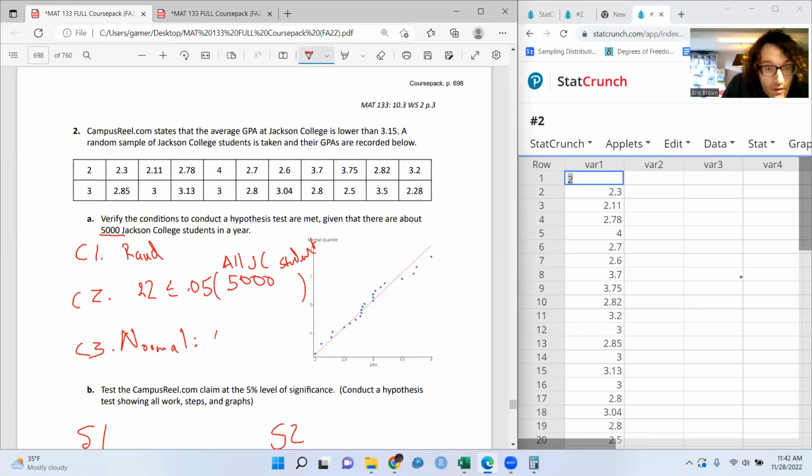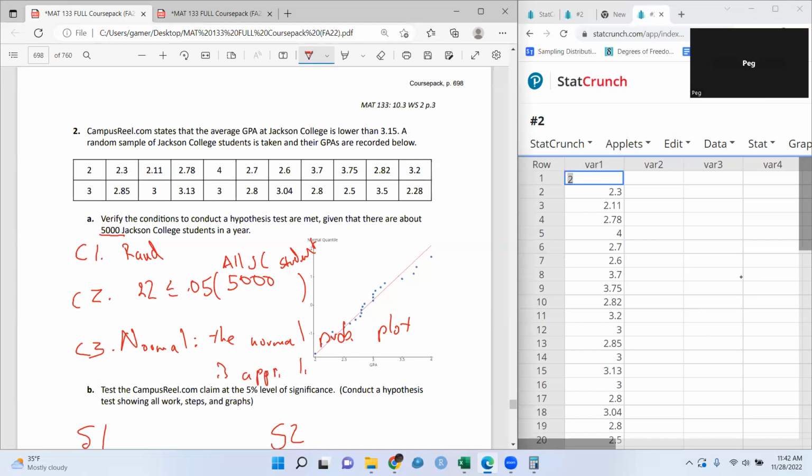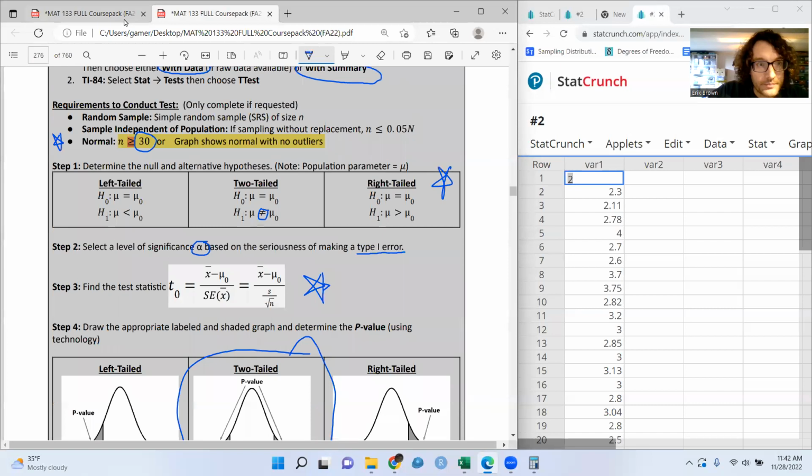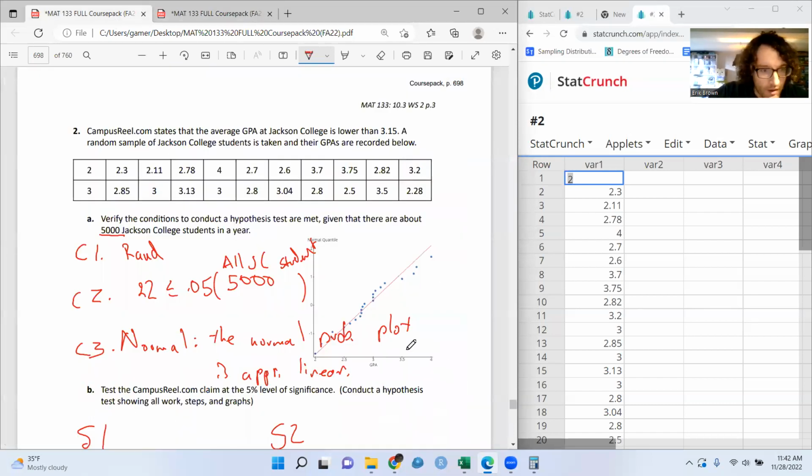Good. That's it. The normal probability plot appears approximately linear. Done. That's how we know this is normal. We could also mention that it has no outliers, but it's okay. We see that, so I'm not worried about that piece.